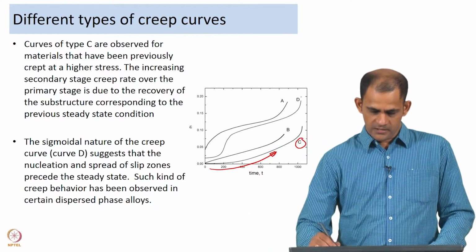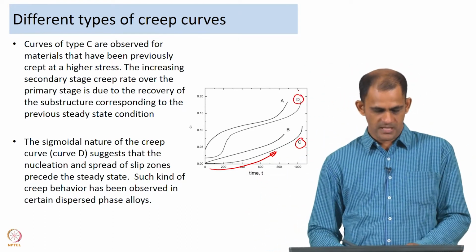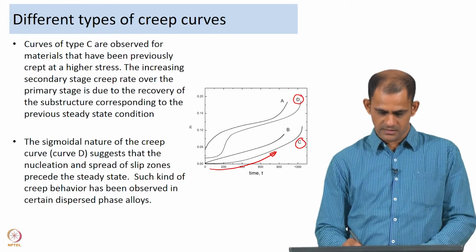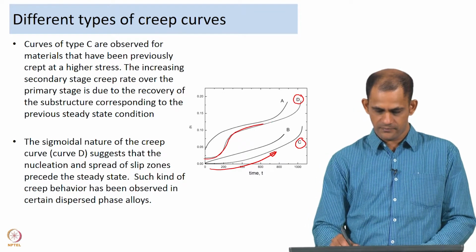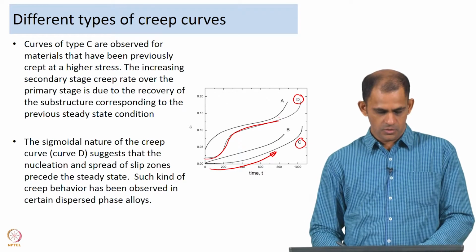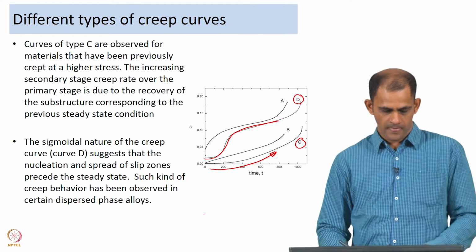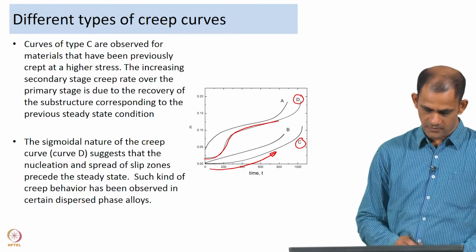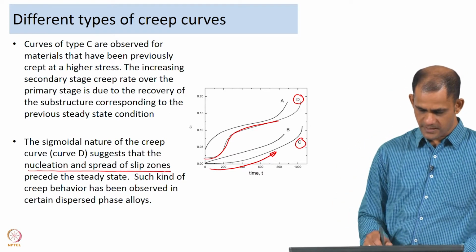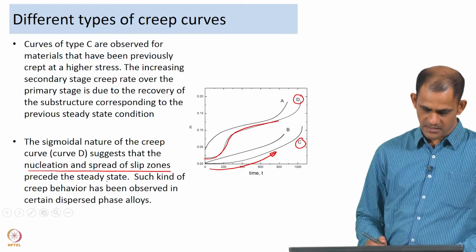And finally, curve D, the sigmoidal nature of the creep curve. It is a sigmoidal type of creep curve, observed when the deformation involves nucleation and spread of slip zones preceding the steady state.